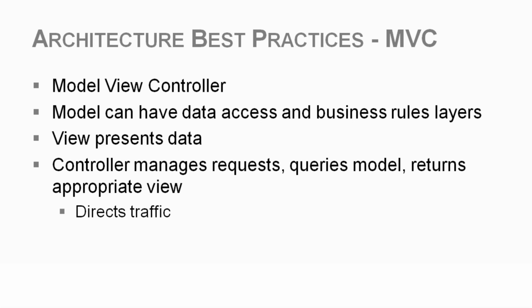That doesn't mean that you merge them all together into one big old huge composite class. What that means is just that the model will handle the data access and the business rules. And effectively, there are two layers within that model. The view, of course, presents the data, and the controller manages the requests, queries the model, and returns the appropriate view. It also directs traffic, and this is a distinction that we'll talk about in the next one.